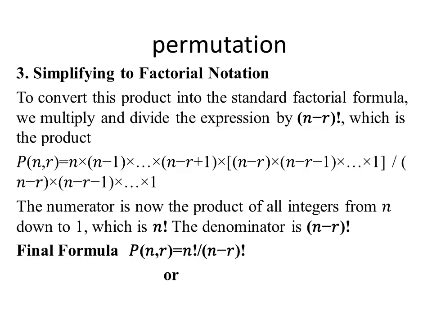The numerator shows the product of all integers from n down to 1, which is n factorial, and the denominator is n minus r factorial. Therefore the final formula is P of n comma r is equal to n factorial over n minus r factorial.